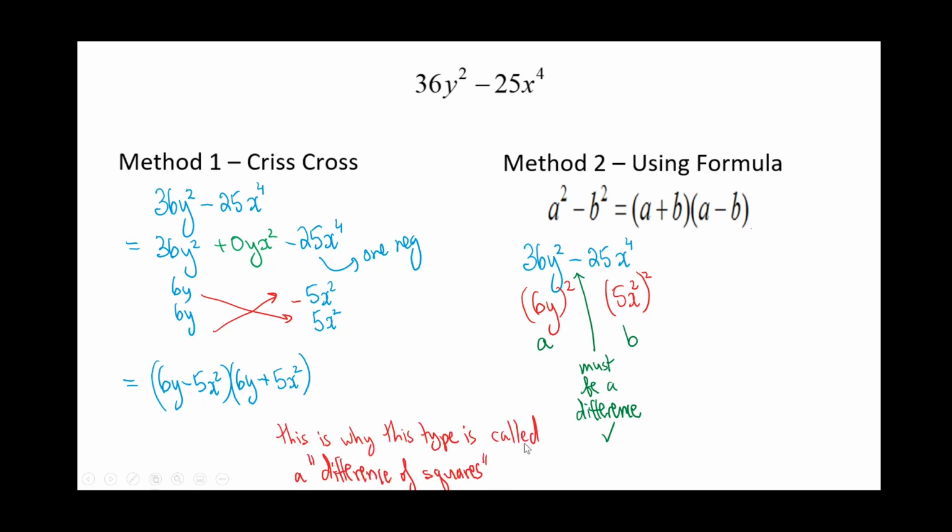Quick note, this is why this type is called a difference of squares, because we have a subtraction between two perfect squares. And so you set up the formula. Here we have one binomial with a plus and one binomial with a minus. Then you use your a's and b's to fill it in. So 6y goes in the first position of both factors, and 5x squared goes into the second.